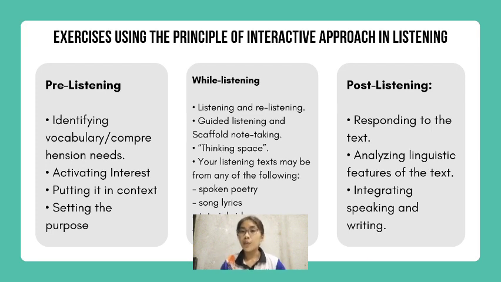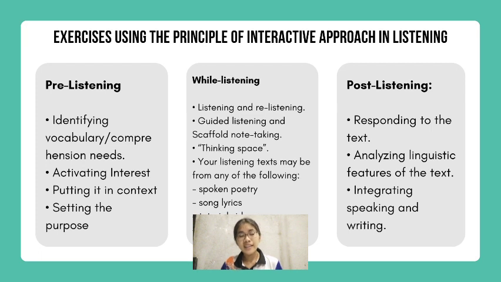And the third one is integrating speaking and writing. So another indication that the students have listened and understood the text is if they are able to produce something out of it, if they are able to use productive skills, specifically speaking and writing.